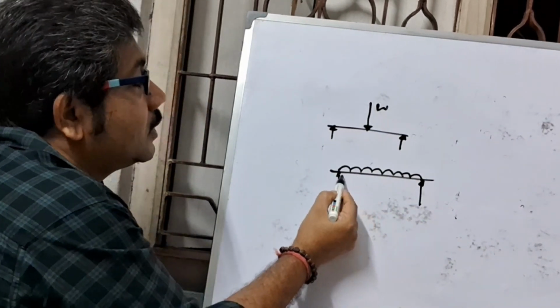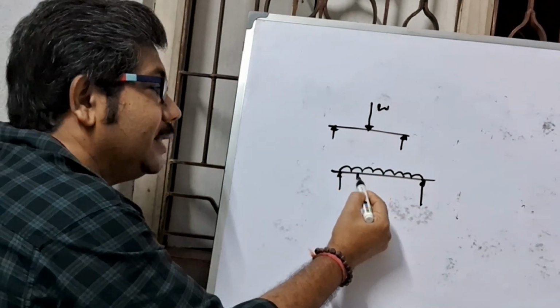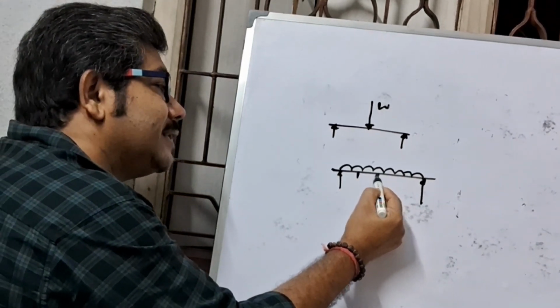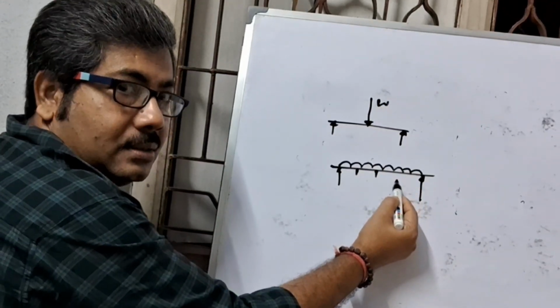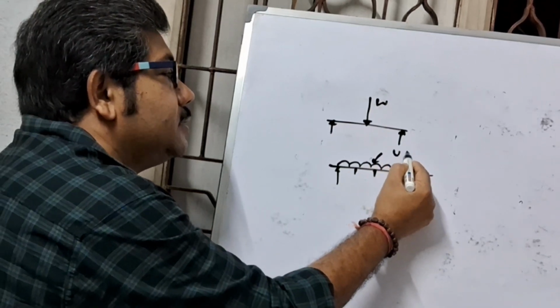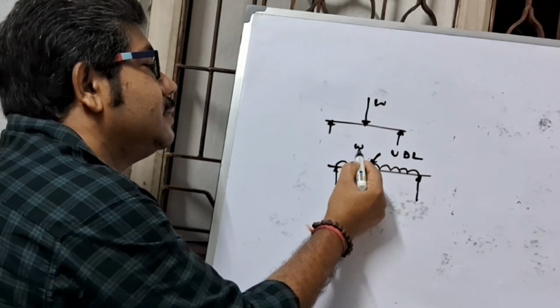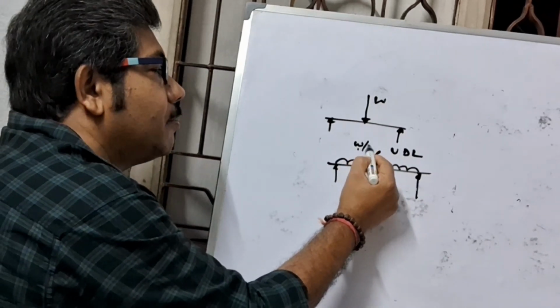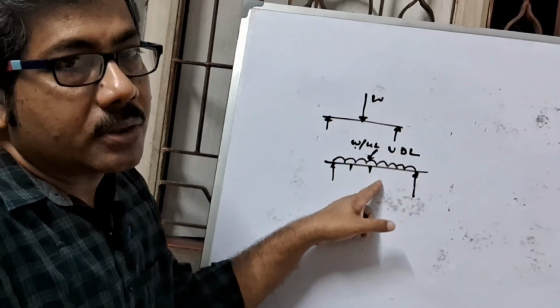That means if 1 centimeter carries 1 Newton, then the next 1 centimeter also carries 1 Newton. This is called uniformly distributed load, written as omega, the specific weight per unit length.